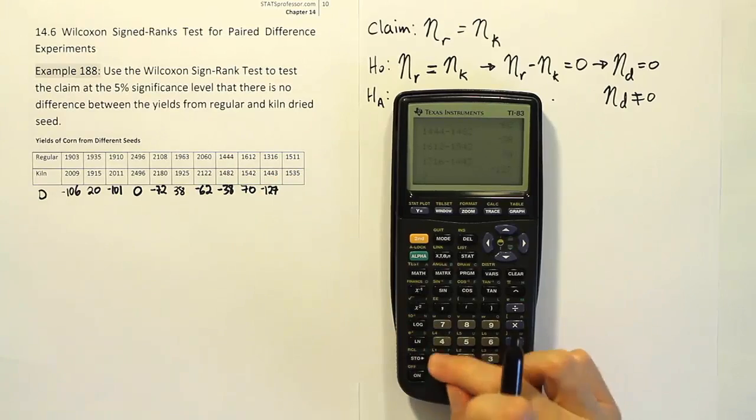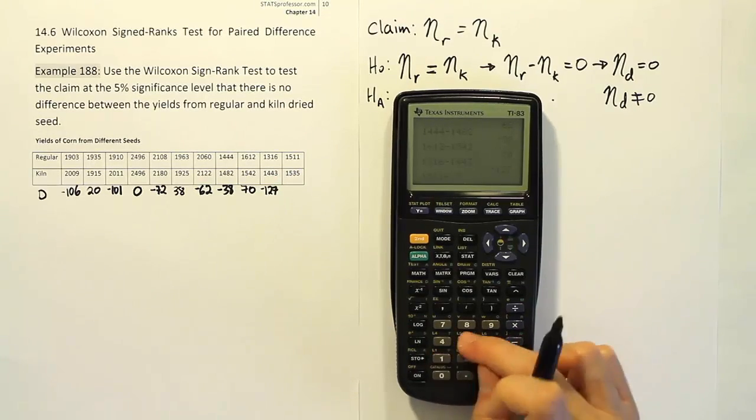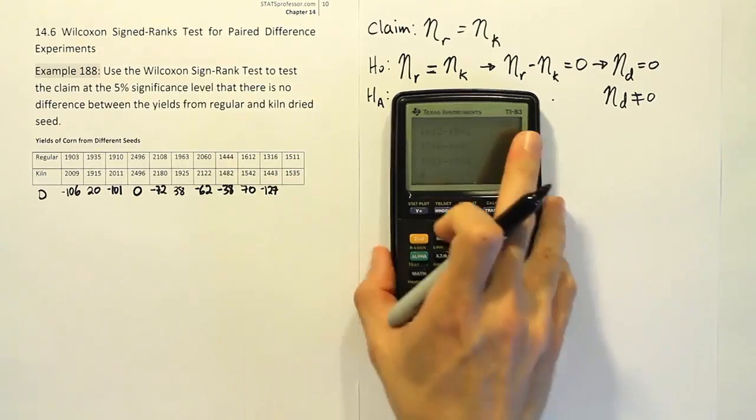And then lastly, 1511 minus 1535, so negative 24.